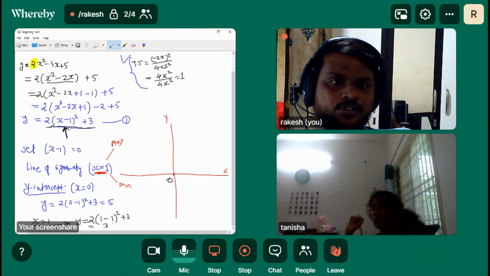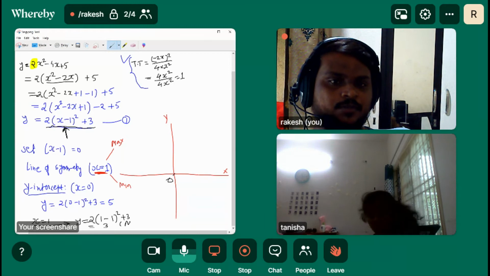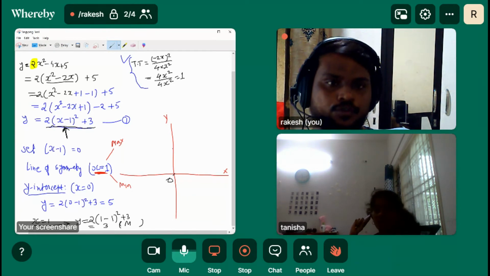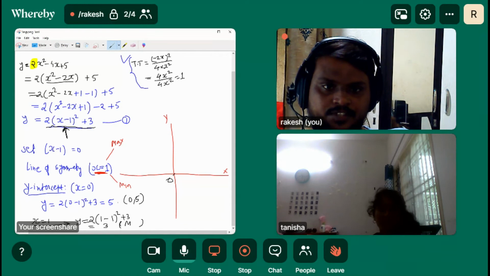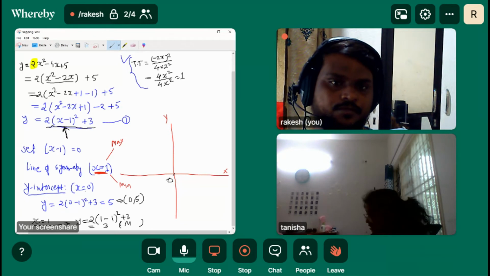Okay, so now whether this is minimum or maximum will be revealed when we draw the curve. So just plot all. What is the y-intercept? Y-intercept is 0 comma 5, isn't it? This gives you the y-intercept, which is 0 comma 5, somewhere here, right?